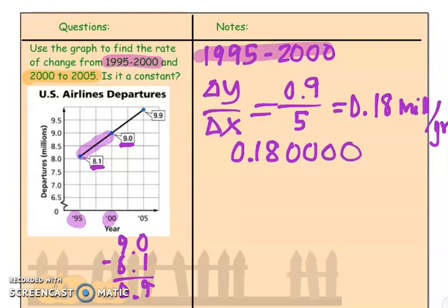So let's see, 0.18 million. So if this is a comma, it's not quite 1 million. So it's 180,000 per year.